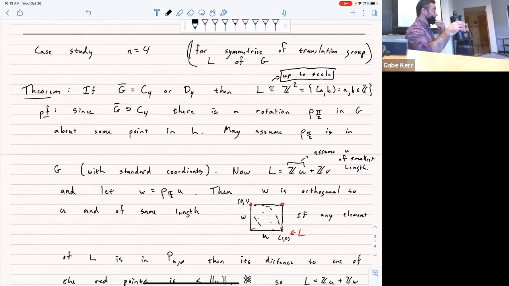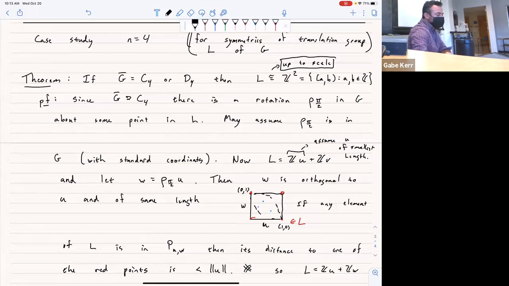Yes, please. Does that mean that V has to be some integer multiple of this W we found? No, it means that it's an integral combination of U and W. I was talking about the theorem, and so I wrote this down, but what I should have said is to take U to be a smallest length vector in L. I was trying to remind us that we had this isomorphism, but that was not what I should have written.